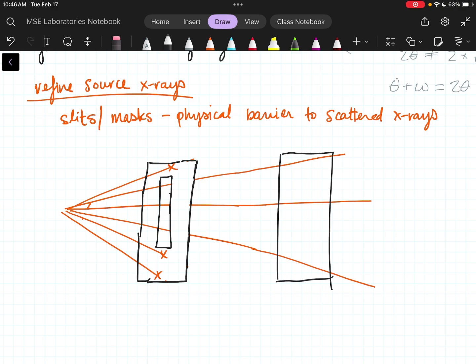These ones. I could set yet another mask in the pathway, down the line a little bit, and get an even better refining effect.